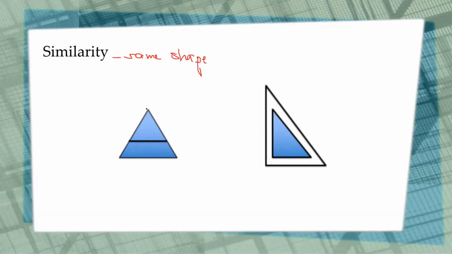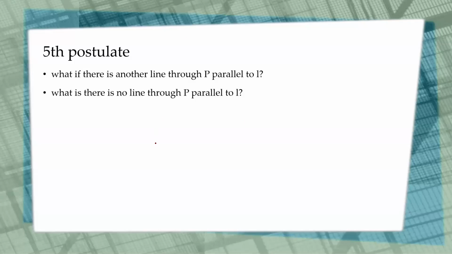Here we see that this triangle is similar to this triangle. Same shape. This triangle is also similar. But they are not of the same size, so hindi siya congruent. Similar lang. So the fifth postulate, di ba, meron lang exact, dalawa kasing element yon. Yung exactly one line.